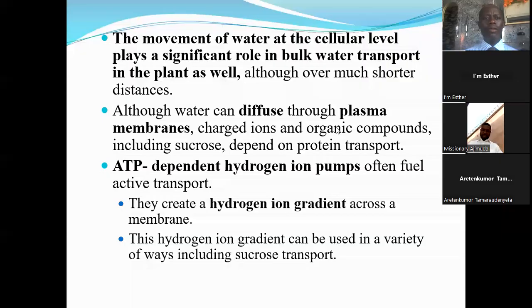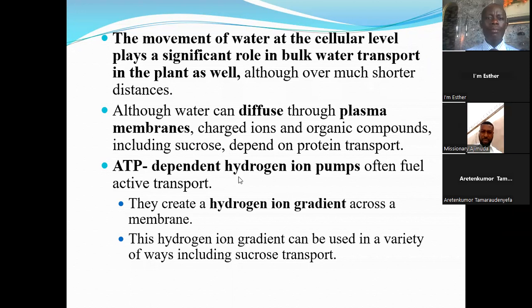So we are looking at another factor that's responsible for the movement of water. The movement of water is also enhanced by certain factors in the cell. One of them is diffusion through the plasma membrane.